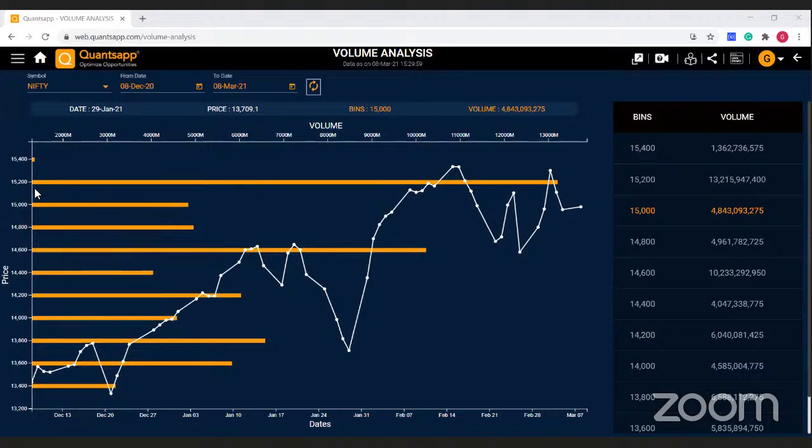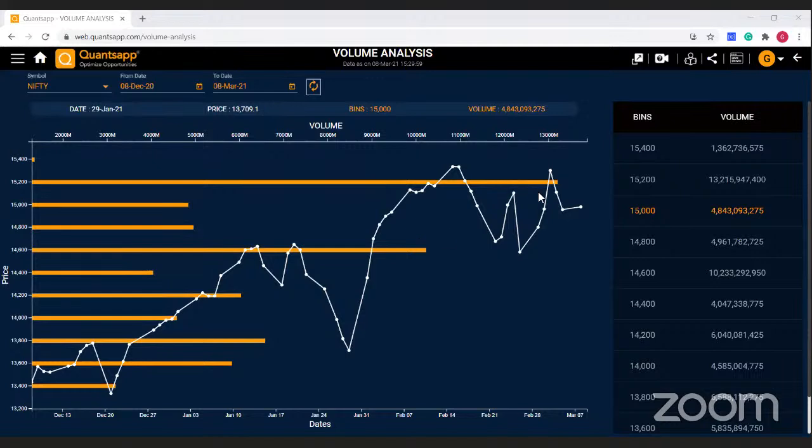This volume is of the futures. Obviously when you are looking into the volume analysis, the volume is going to be of futures for any particular stock or index. So that was about how we can find resistance and support based on the volume analysis.